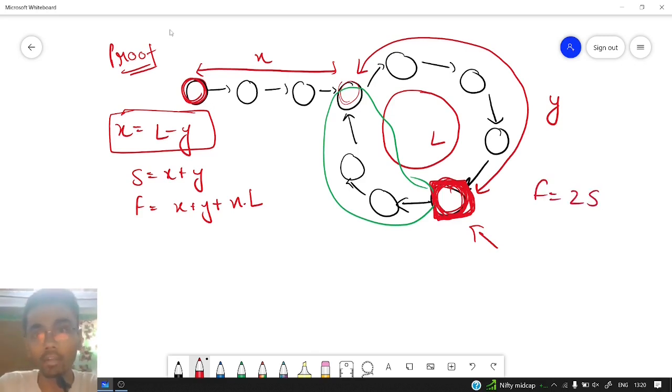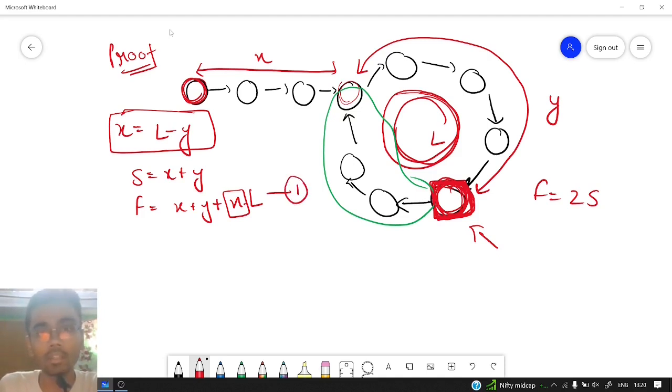So it is not guaranteed that in one round it will be able to meet at this point. It may take several rounds. So we are denoting that several rounds from this n variable, so that n can be anything, 1, 2, 3, anything. So our fast pointer will cover this much distance.